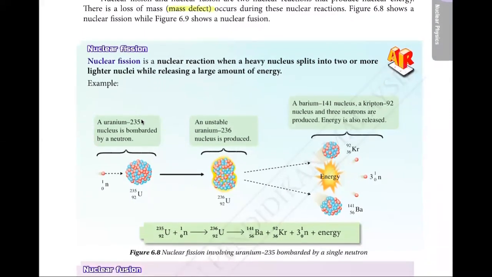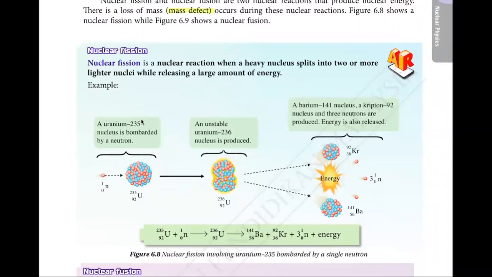Nuclear fission is a nuclear reaction when a heavy nucleus splits into two or more lighter nuclei while releasing a large amount of energy.